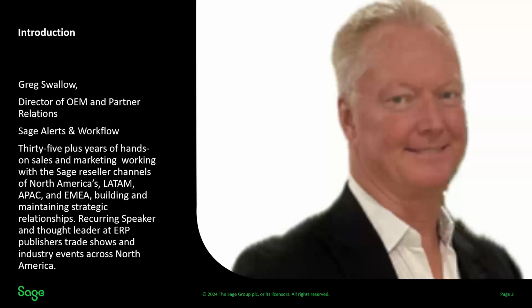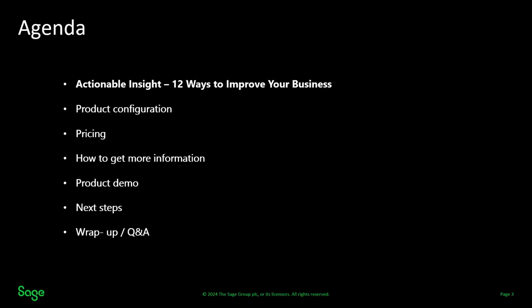So I'm here to help you be successful with Sage 300 and hopefully with the product of Sage Alerts and Workflow. In today's agenda, I'm going to talk about 12 ways to improve your business with the product. I'll tell you about product configuration, so the price point to get started, so you don't get afraid if you want to escalate this up within your organization or socialize this webinar within your organization, and how to get more information.